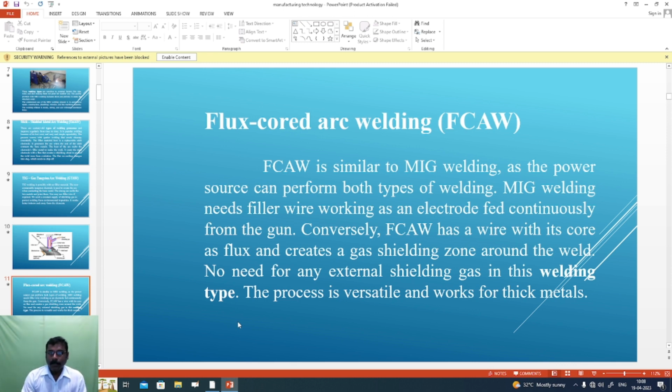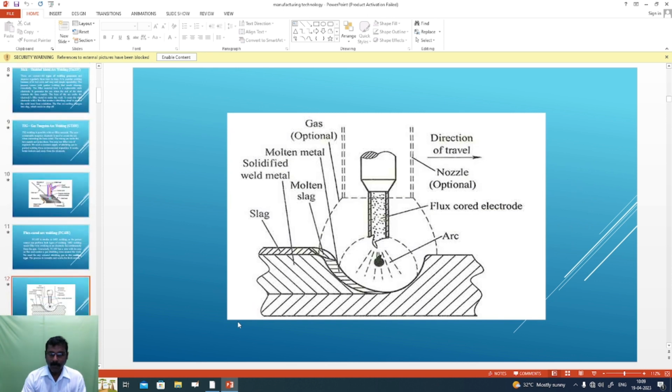Conversely, flux coated arc welding has a wire with its core as flux and creates a gas shielding zone around the weld. No need for any external shielding gas in this welding type. The process is versatile and works on thick metals. This is the diagram of the welding.